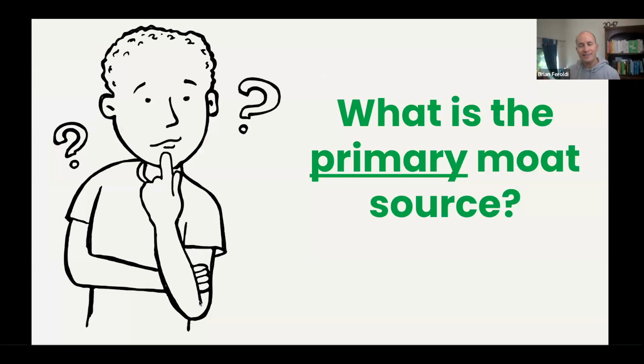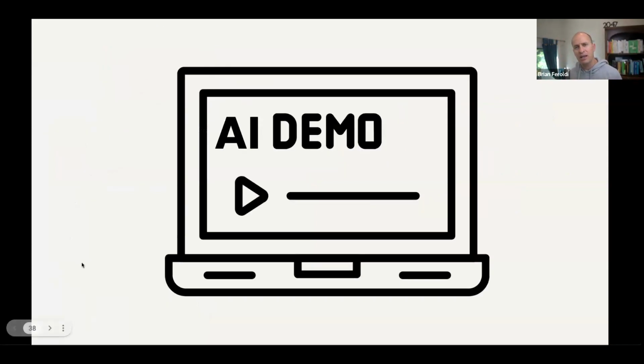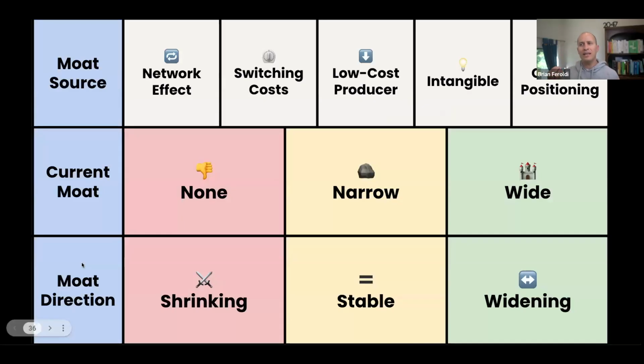So what do people think? What is Apple's primary moat source? If you had to pick one, what do you think is Apple's biggest source of moat right now? I would encourage everyone to think about their own life as well, because when I do that, it becomes pretty clear to me what I believe the primary moat is.